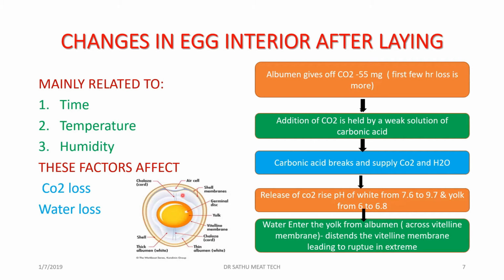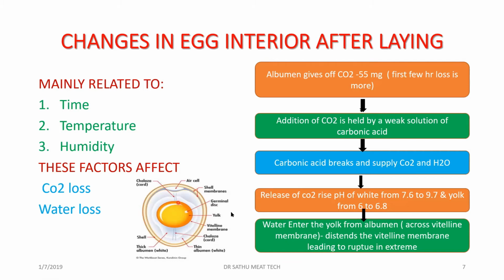So the egg tries to maintain the pH, for which the weak carbonic acid present in the egg will break into carbon dioxide and water. As long as the carbonic acid is there, carbon dioxide will be formed, and some quantity of carbon dioxide will be lost, and the moisture will also be lost. Due to the loss of moisture, the air cells become larger and larger.